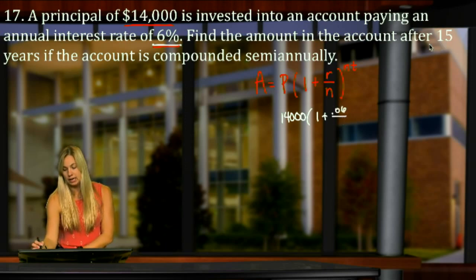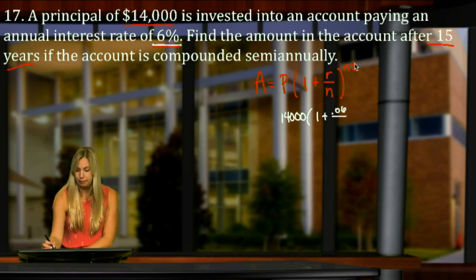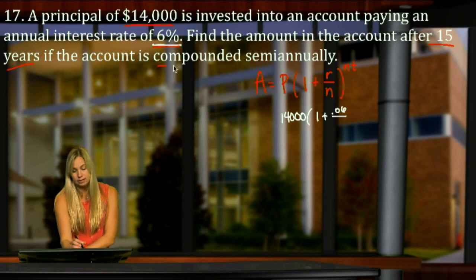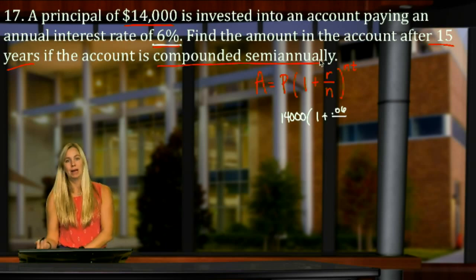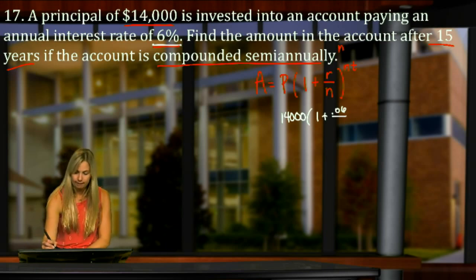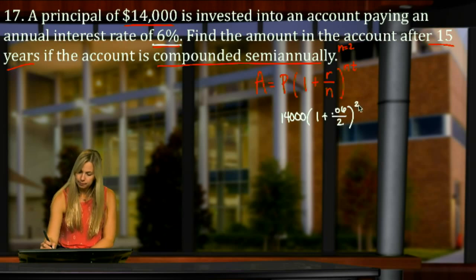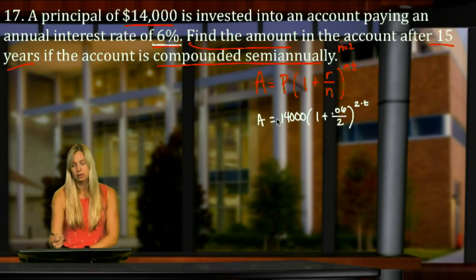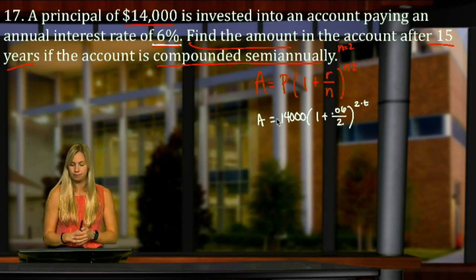The time is 15 years, so that's going to be our t, which I'm going to wait to write down. And the account is compounded semi-annually. Semi-annually means twice a year, so that's our n. And again, they're trying to have us find the amount, so that's why A is left as an unknown.